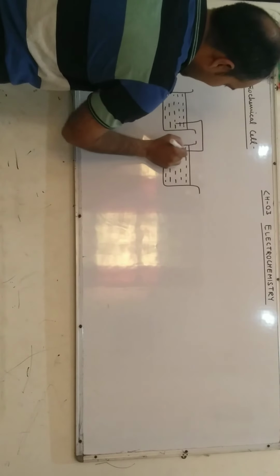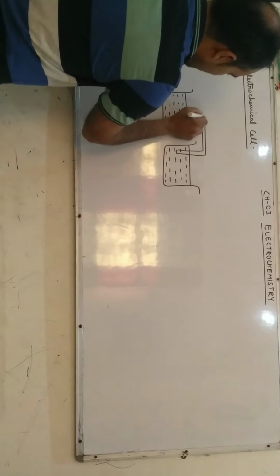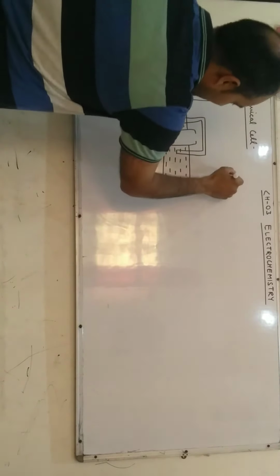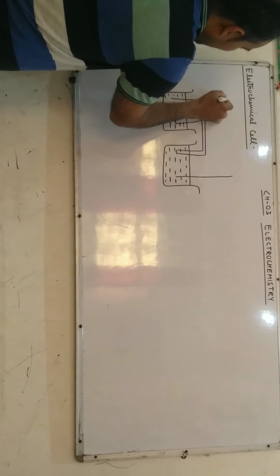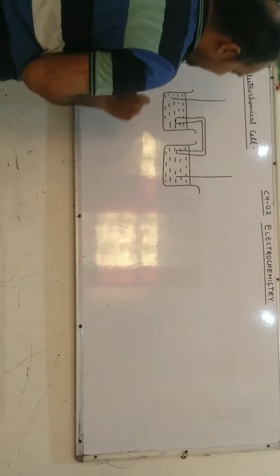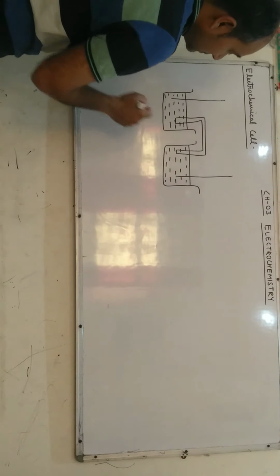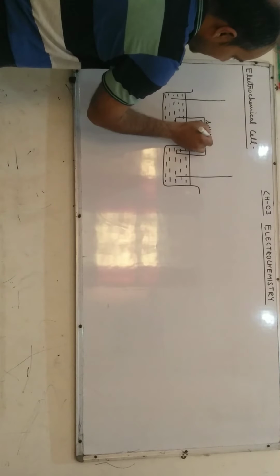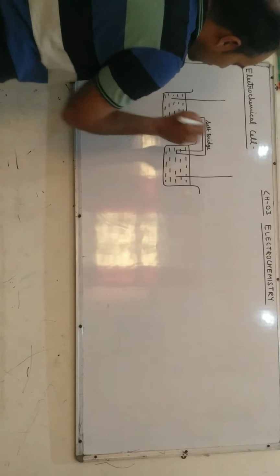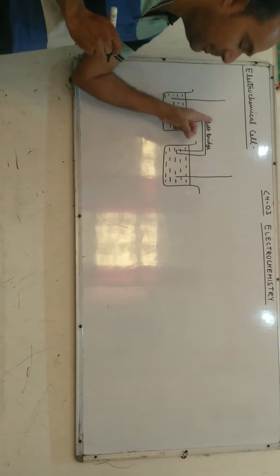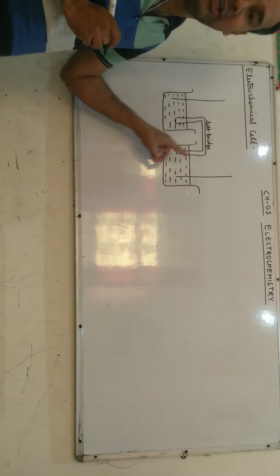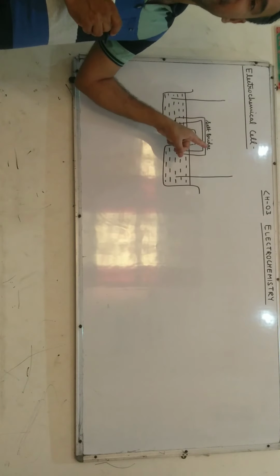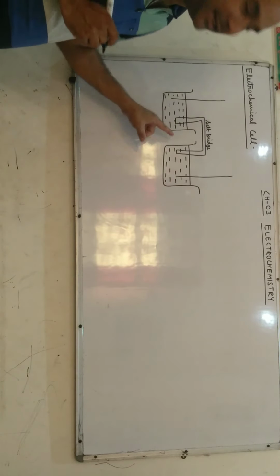Both vessels are connected through this U-tube containing salt bridge, and the electrodes are dipped in the solutions. This U-tube is called salt bridge. The main function of salt bridge is to complete the circuit and to maintain electrical neutrality. Also, salt bridge provides a path for flowing ions.